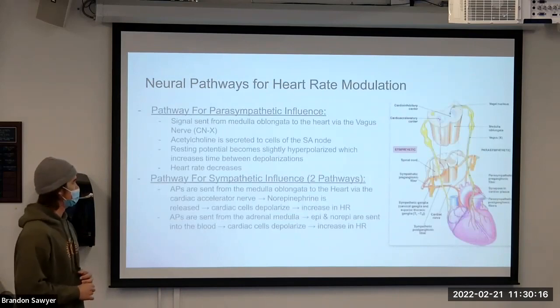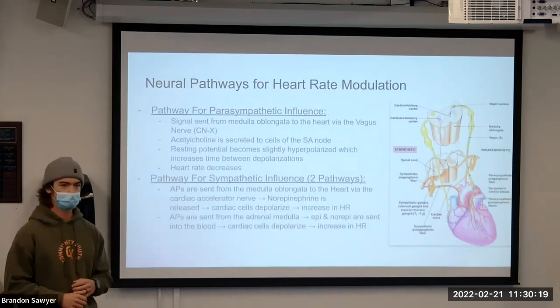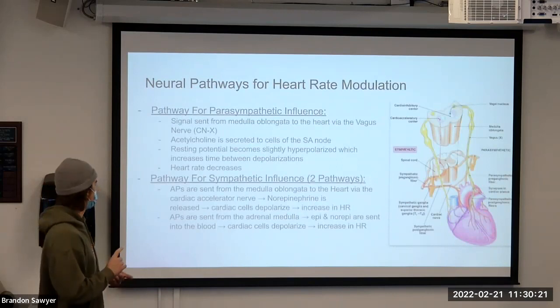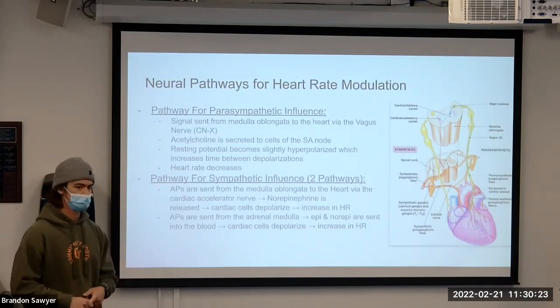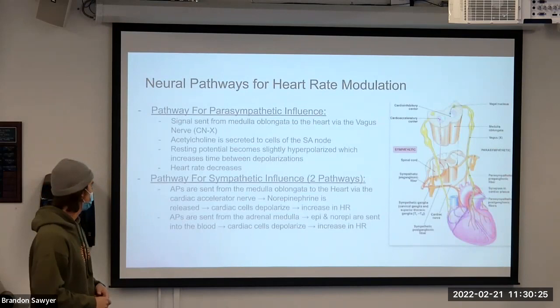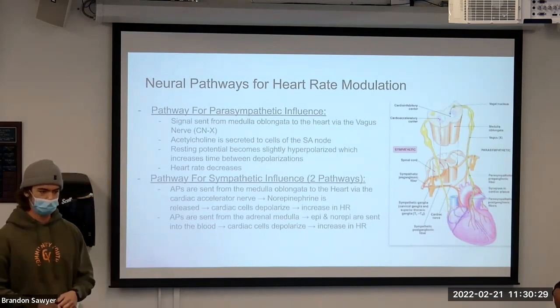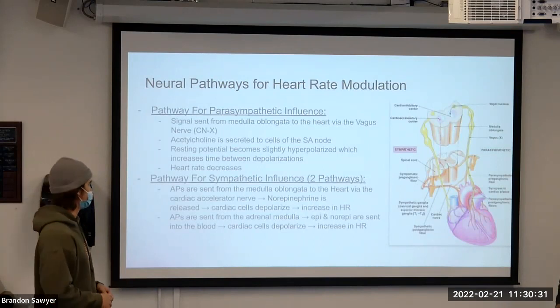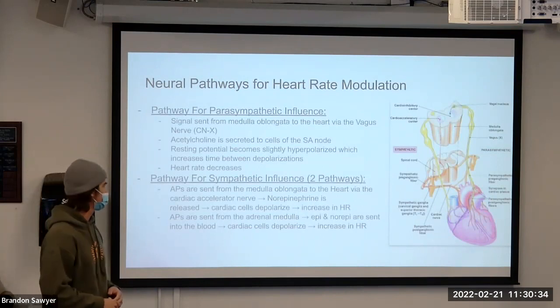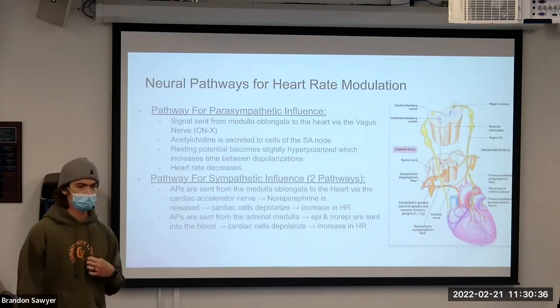And so these are the neural pathways that are used. I'll talk about the parasympathetic pathway used to influence heart rate. The signal is sent from the medulla oblongata in the brain through cranial nerve 10, the vagus nerve, to the heart.